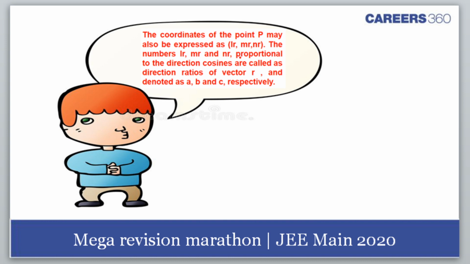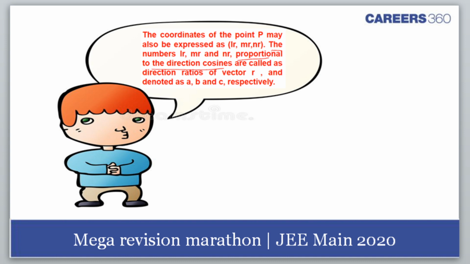Now, this is a definition which we always expressed, that the numbers LR, MR and NR are the numbers proportional to the direction cosines, and they are direction ratios. But I would like to elaborate on this point.